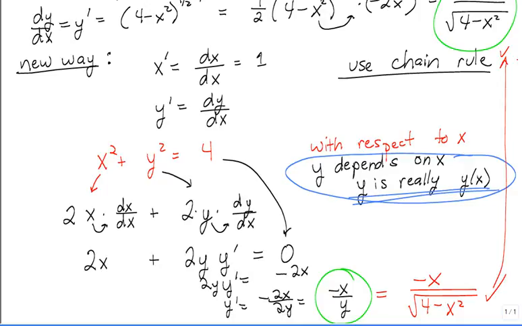But here's the problem. You can't always solve for y. Sometimes y is so embedded in the problem that you can't get at it. So this is when we use implicit differentiation. So again, the most important thing to remember when you're doing this is that y prime is dy dx, and x prime is dx dx. And we use the chain rule.